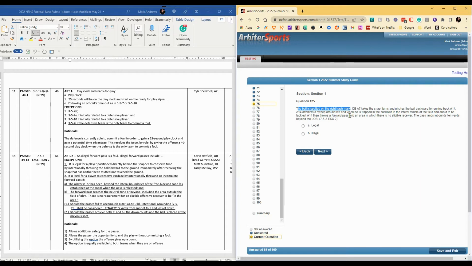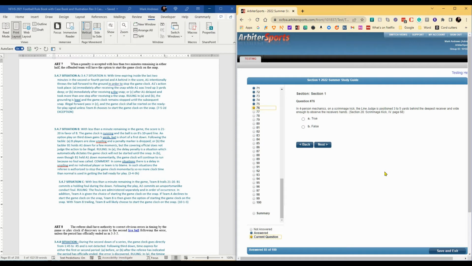A14 throws a forward pass into an area in which there is no eligible receiver. The pass lands inbounds 10 yards beyond the line of scrimmage. So this rule does not simply apply to the quarterback. It never mentions quarterback. It says passer. So the first pass by the quarterback was a backward pass, so we still can have one legal forward pass, right? And that is committed by the running back. So this play is legal. Answer is A, legal.